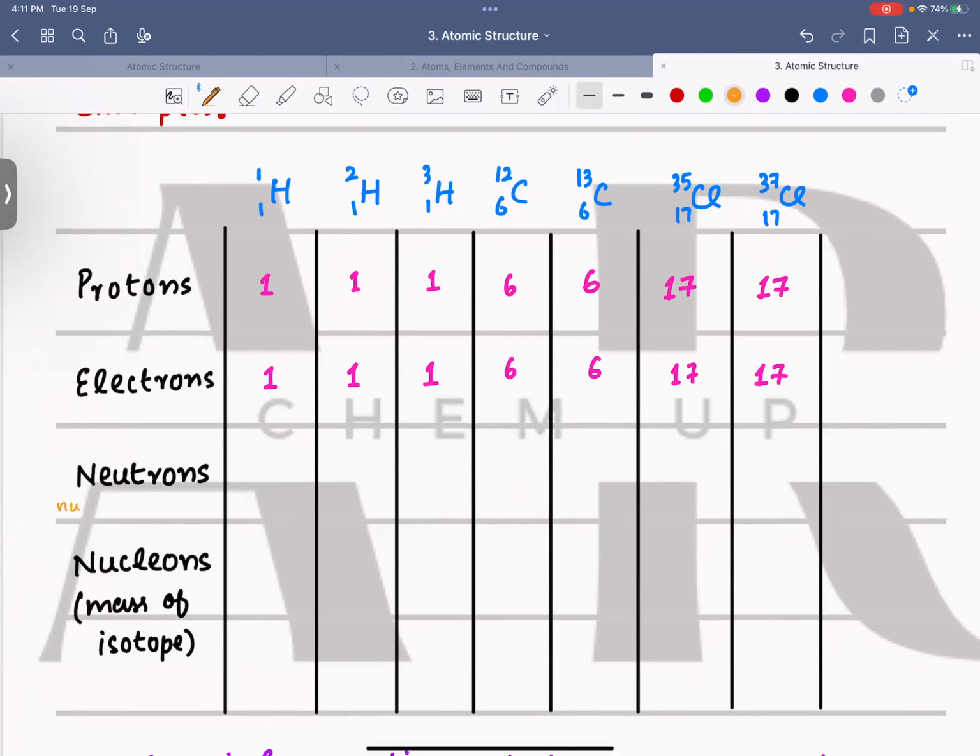Yes, whenever we have to find the neutrons, we subtract protons from nucleons.